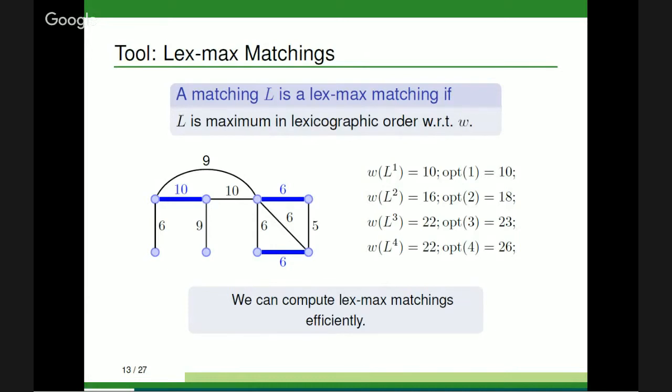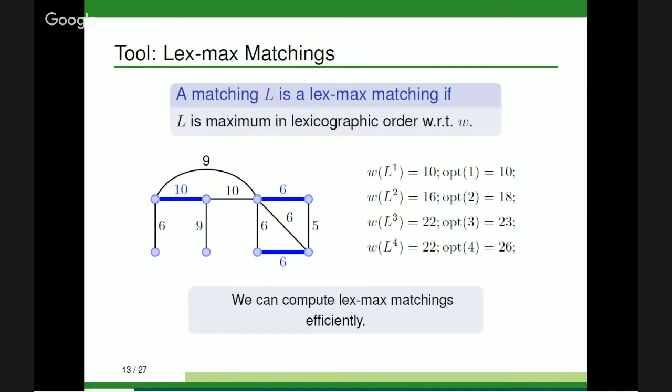So for the next one, which is 6, it has to select the largest number of edges as possible, and so on. So in other words, if you just write the string of weights that this matching has, 10, 6, 6 is the string that is lexicographically maximum. Okay.